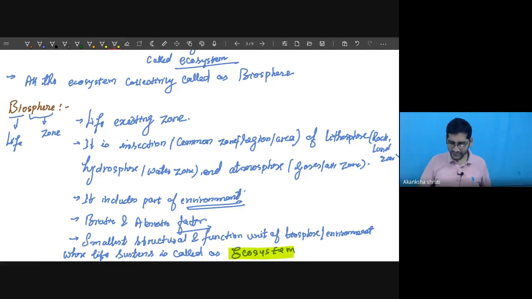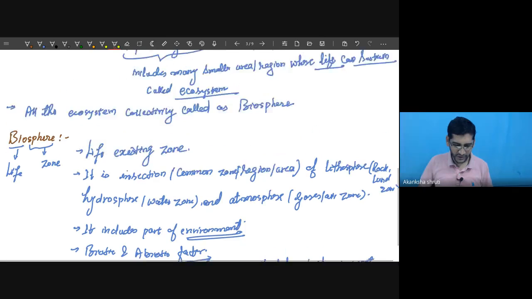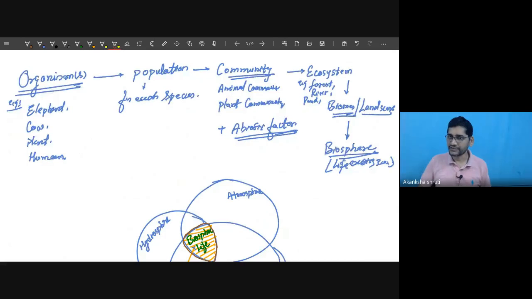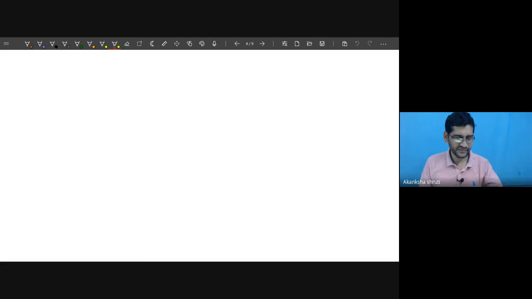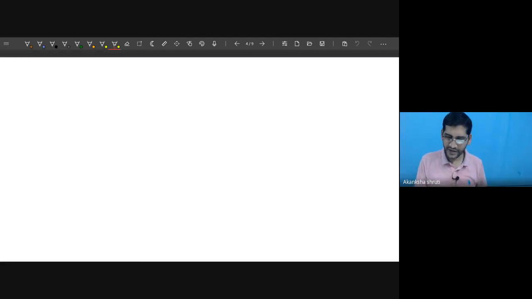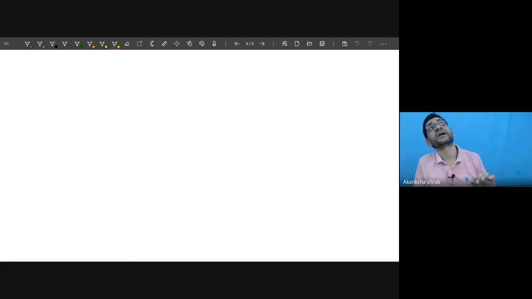Okay, students. So we have to learn about the ecosystem. What are their components? Okay, students. This thing we have started with the organism. The organism is the basic unit of our ecology, but we have to analyze at the level of ecosystem. Here a few definitions we have to write, and only very few things we have to learn.